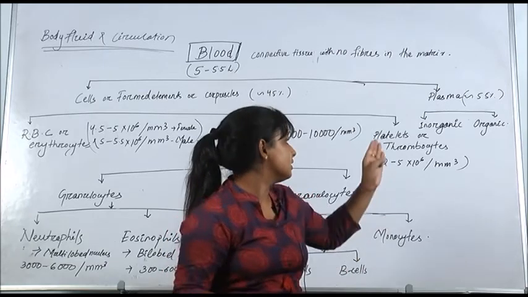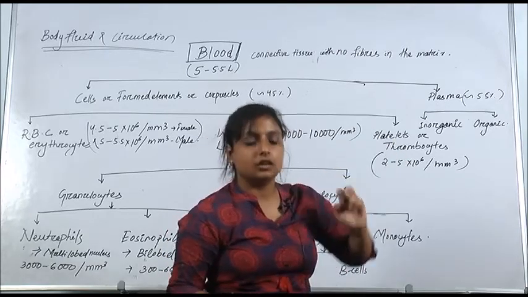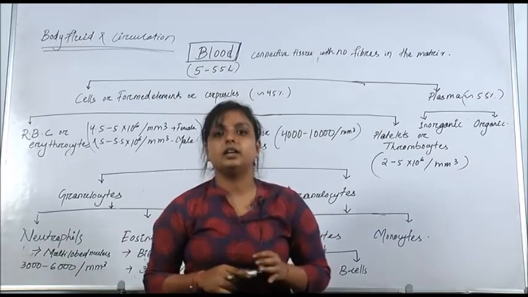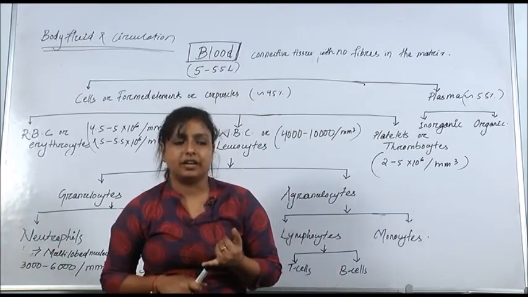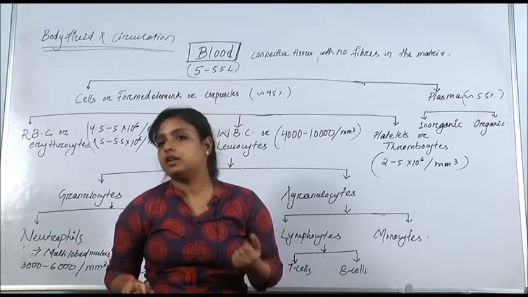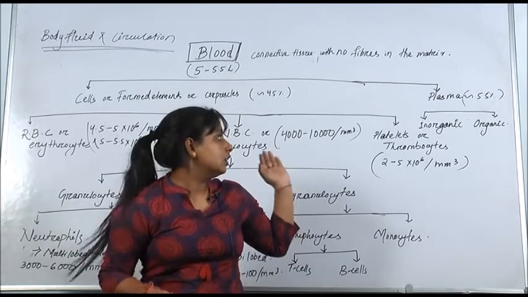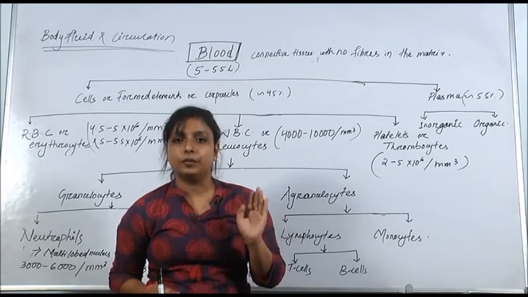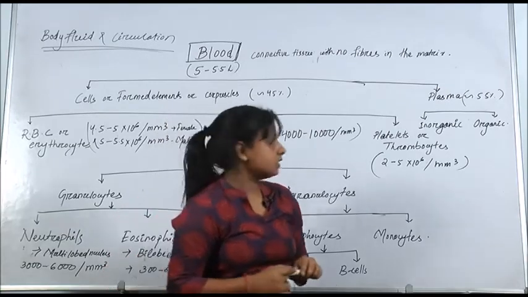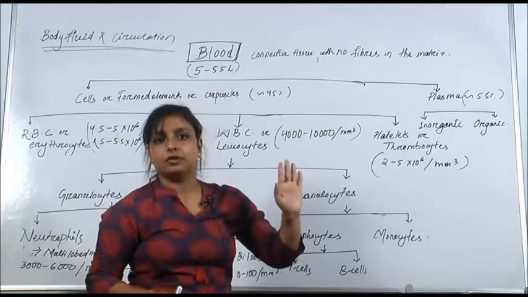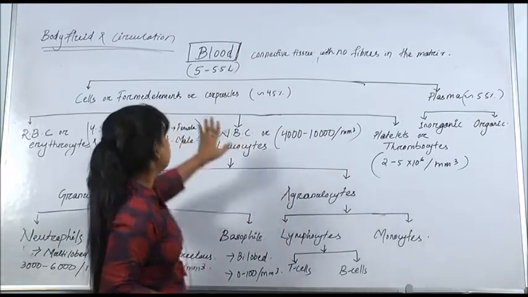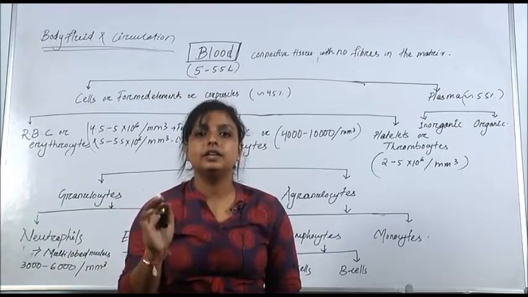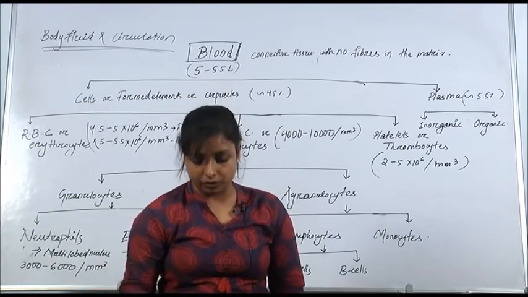When we are talking about the inorganic constituents of plasma, they are the ions like potassium ion, calcium ion. These ions are the inorganic crystalloid part of the plasma. Plasma consists of around 55% of the blood volume. The total blood amounts for 5 to 5.5 liters in the body of a healthy human being. So this is all about the blood.